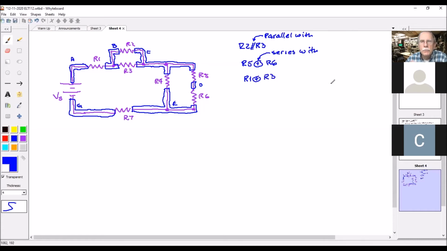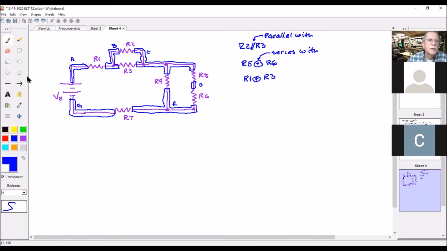All right, let's go through and see whether that makes sense or not. Any other combinations before we go through it? You said R2, R3, and then R5 and R6. I think that's it.